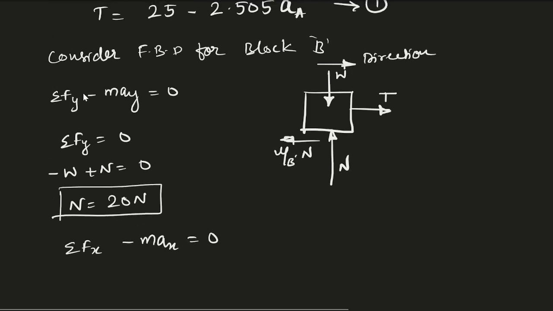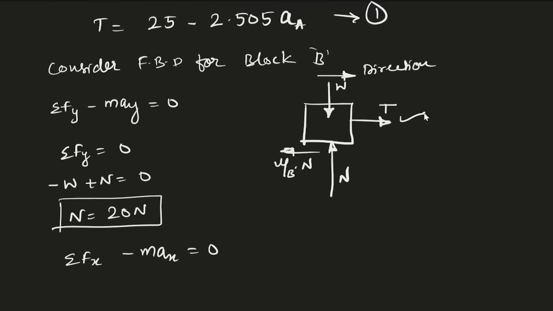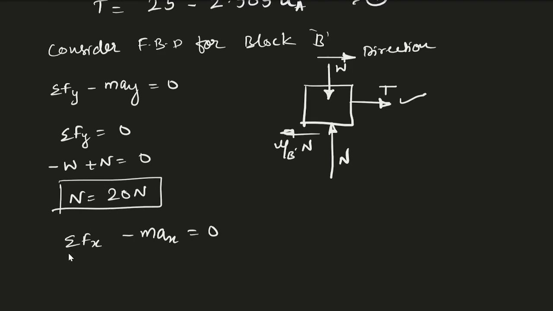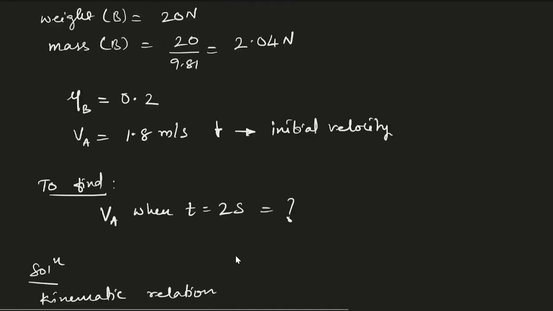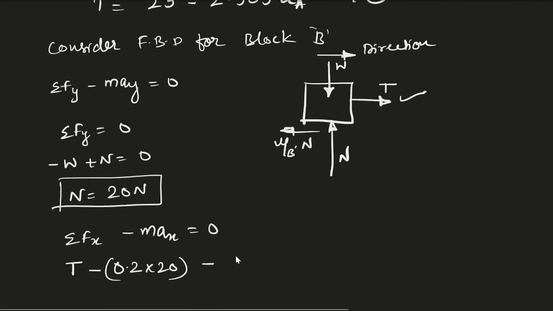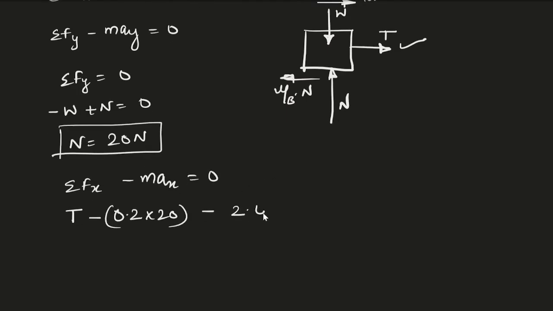In the horizontal direction, we have a tension in the same direction as the motion of the block, so positive, and we have a frictional force, negative, minus 0.2 into normal 20, minus the mass of block B, 2.04, into the acceleration AB, equal to 0.